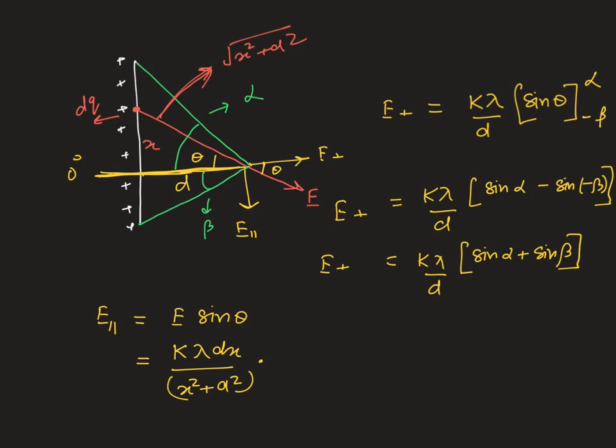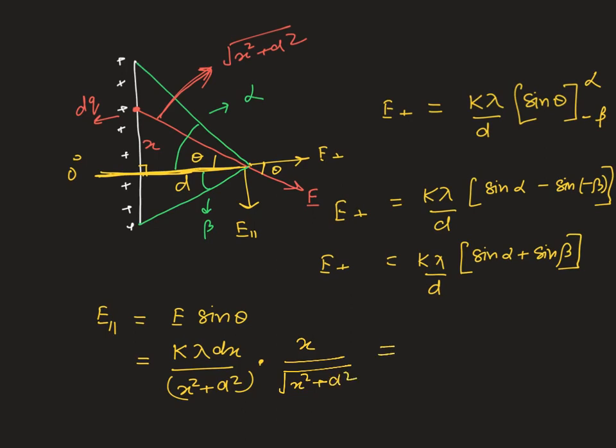Now what is sine theta? Please take into consideration the right angle triangle, again the right angle triangle here. What will sine theta be equal to? Sine theta will be equal to x upon root under x squared plus d squared.